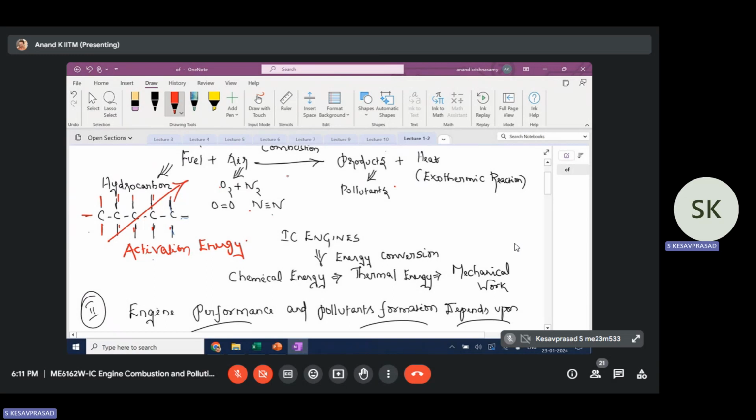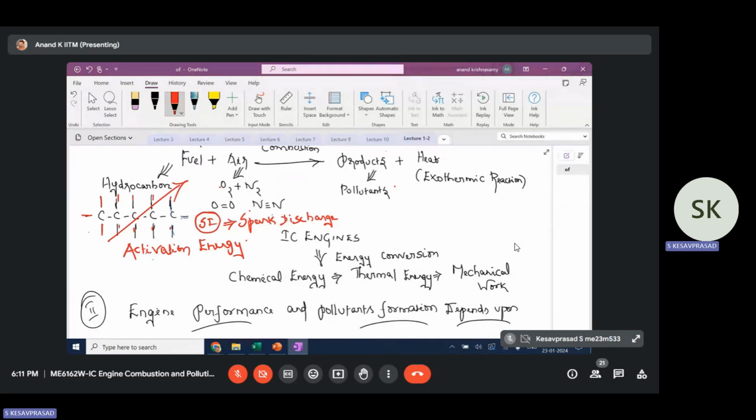In a spark ignited engine, how do we provide activation energy? We discussed this in the previous class. Through the spark plug, through spark discharge, you are actually providing activation energy to initiate the combustion.